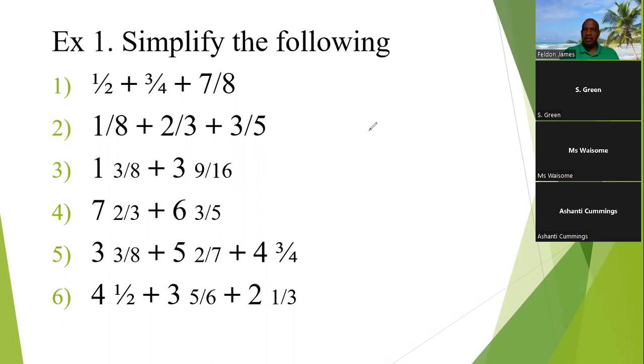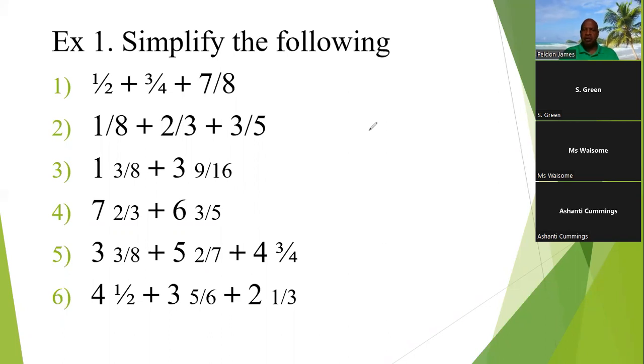Not really that they're equivalent. They're different, sir. They're not the same. And the first rule of adding fractions says that only fractions with the same denominators can be added or subtracted. Everybody remember that?